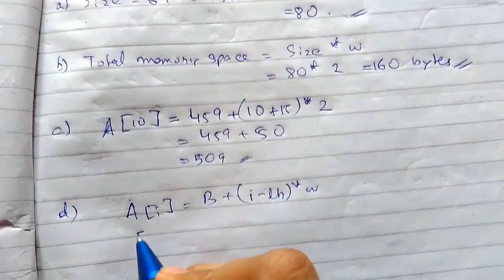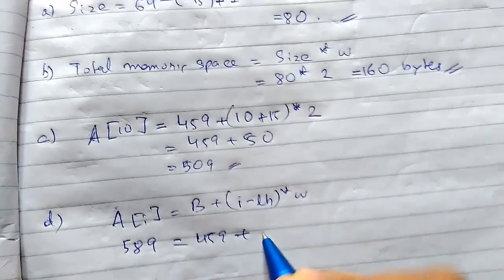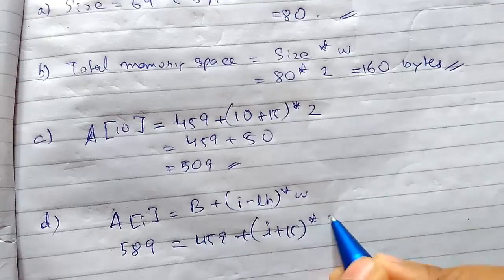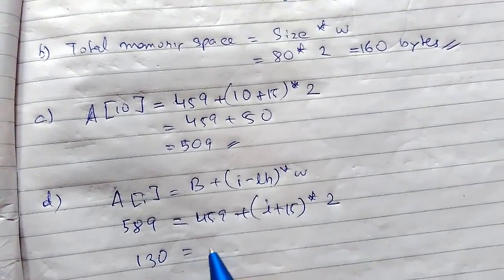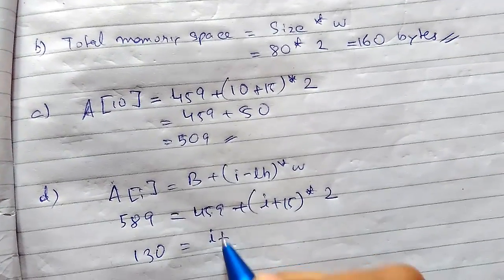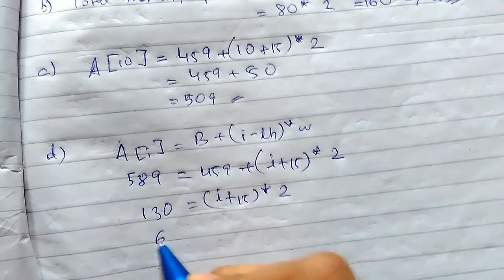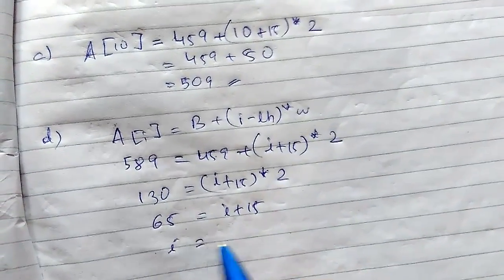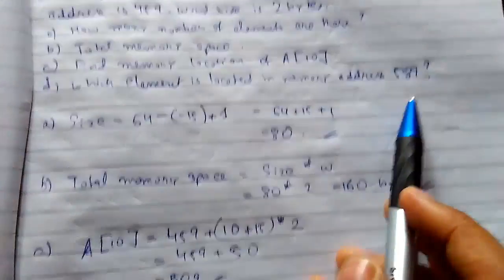This value is given, 589, b is 459, and this will be I plus 15 because minus of minus is plus, and this is times 2. So this is 130, this goes there. This will be I plus 15 times 2, this goes here, so it becomes 65, I plus 15, and I will be 50. So at index 50 the location is 589.